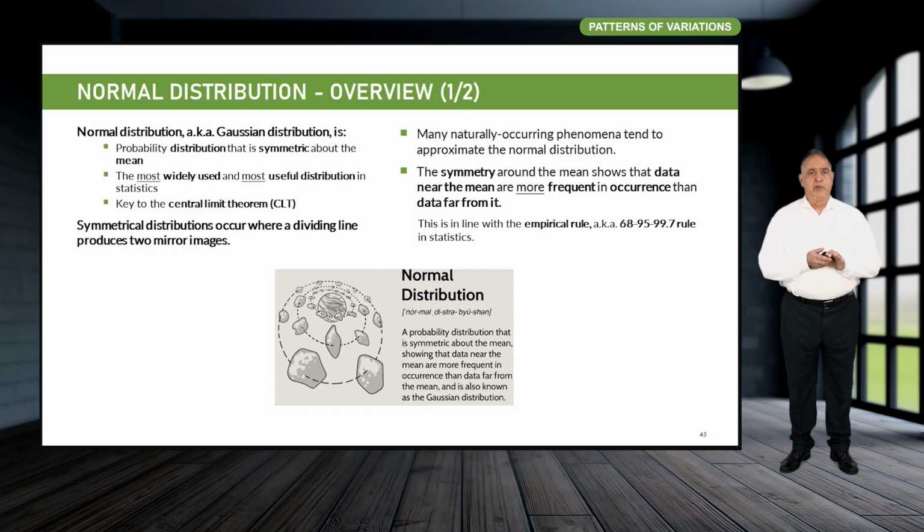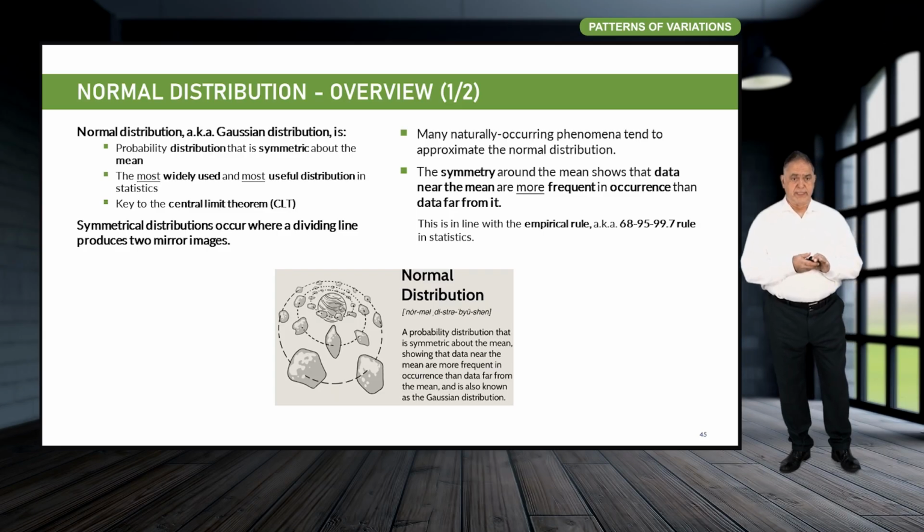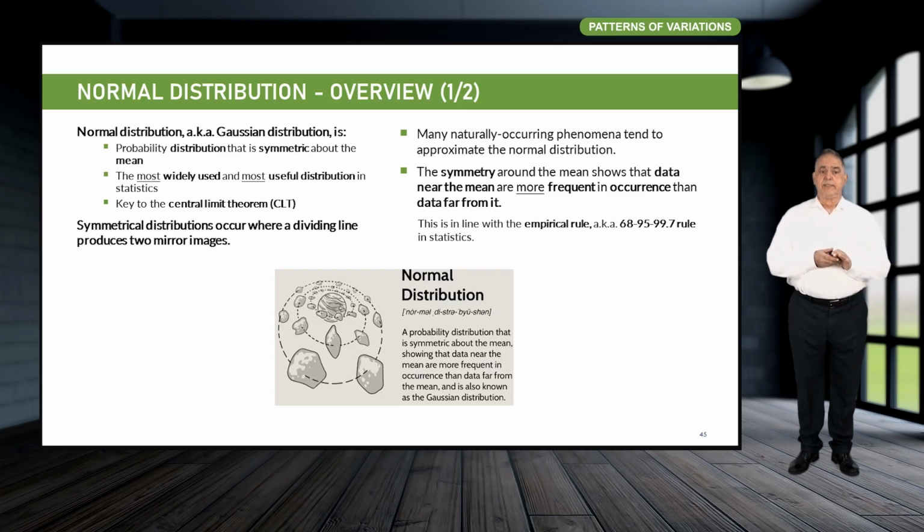It is also known as Gaussian distribution or bell-shaped distribution in statistics. It is symmetric about the mean, which means that each half mirrors the other half, which means that 50% of all possible values are on either side of the mean.